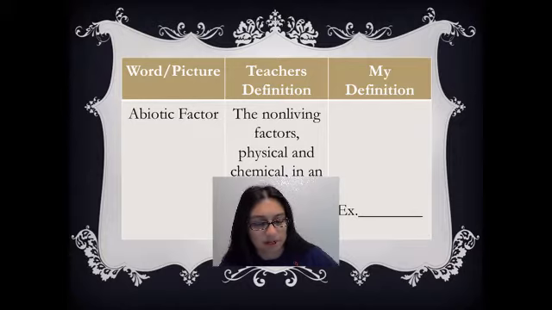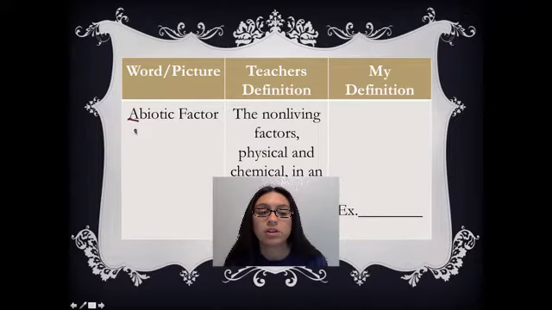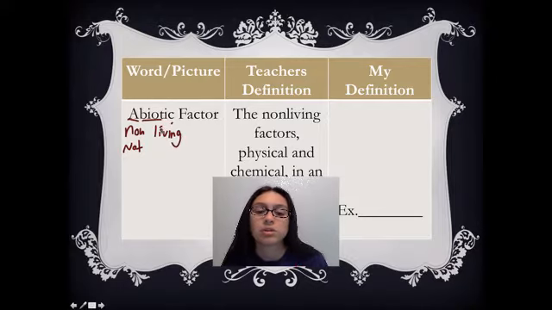So if we take a look at it, A in the beginning of a word usually means non or not. The bio part, bio means living. So by breaking apart this word, we could see that abiotic simply means non-living. So abiotic factors are the non-living parts of an environment.